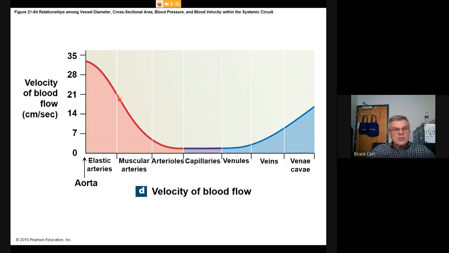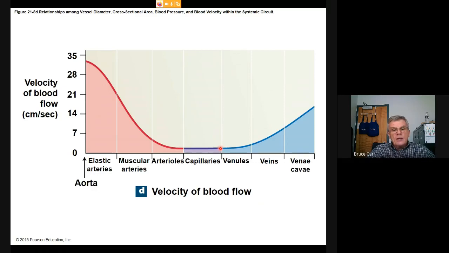And as it branches and goes through the friction of that increasing surface area through the arterioles, it slows way down in its velocity and reaches a slow, steady flow through the capillaries, where the total surface area is highest.